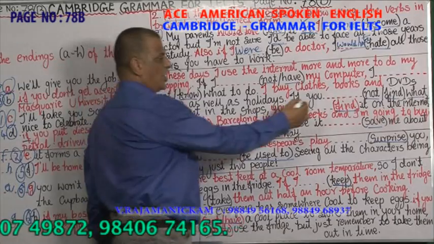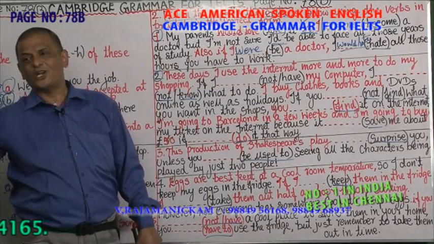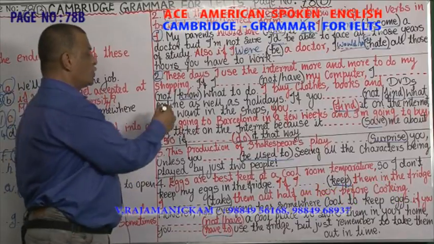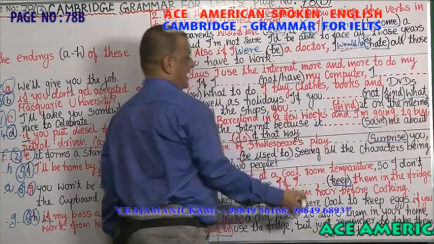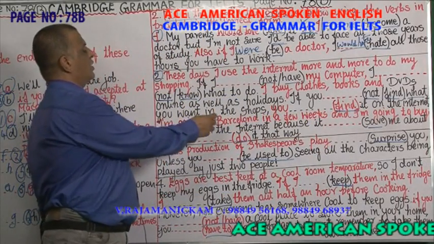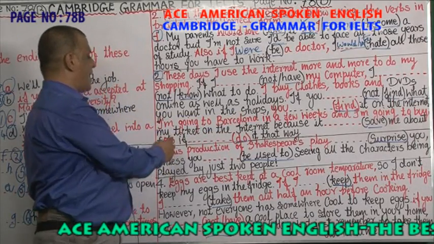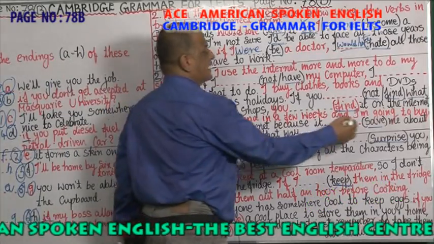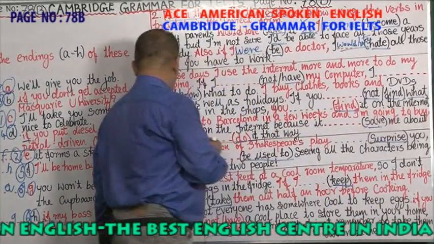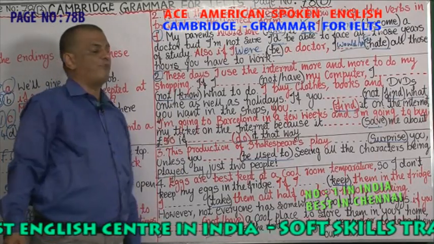If you do not find what you want in the shops, you will find it on the internet. Condition 1 or 2 or 3, you have to select. I'm going to Barcelona in a few weeks and I'm going to buy my ticket on the internet because it will save me about 50 pounds if I do it that way.